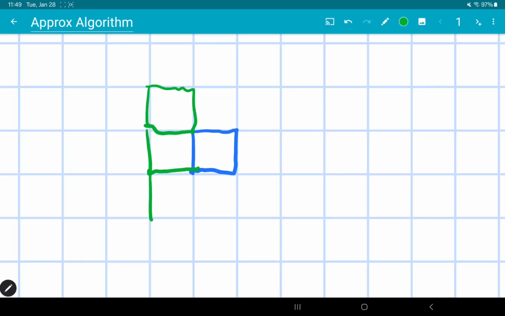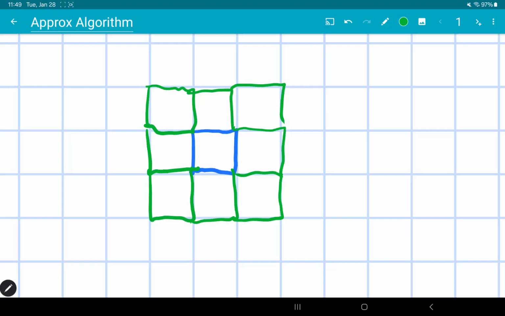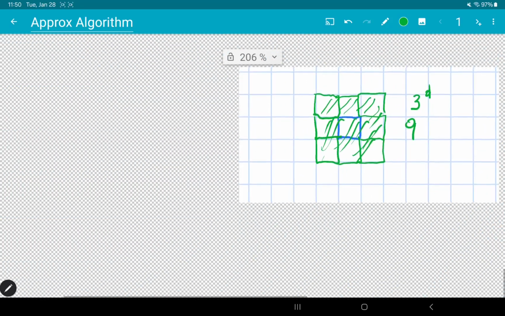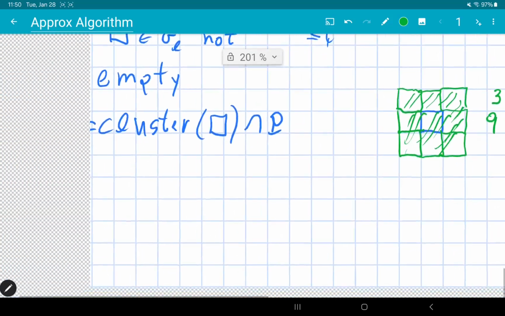Of course, the fact that the grid cell touches itself is against the Jewish-Christian set of beliefs, but let's not go into that. So in any grid in the plane, the cluster is going to be 9 cells. In higher dimension, it's going to be 3 to the d, right? So it's a constant, since we are considering d to be a constant.